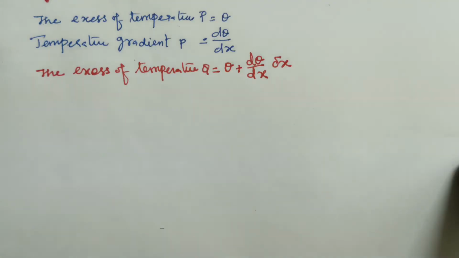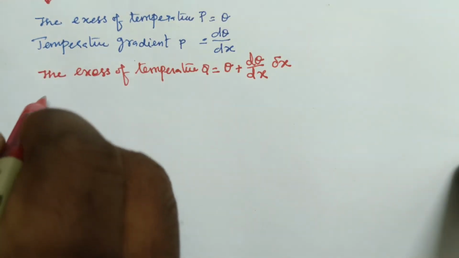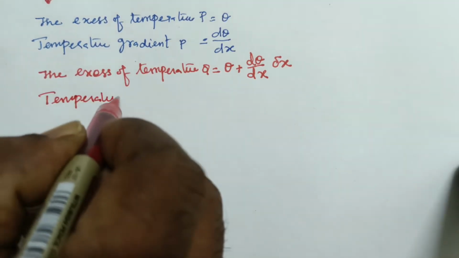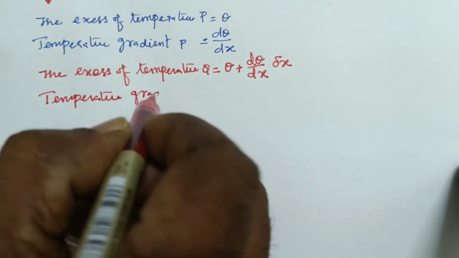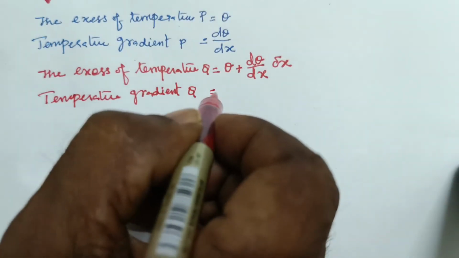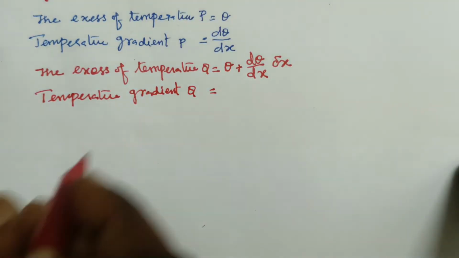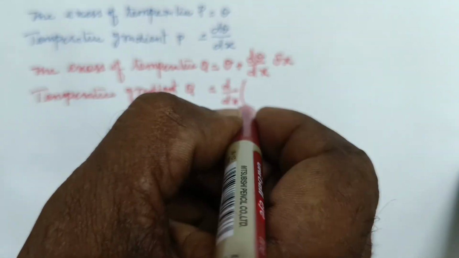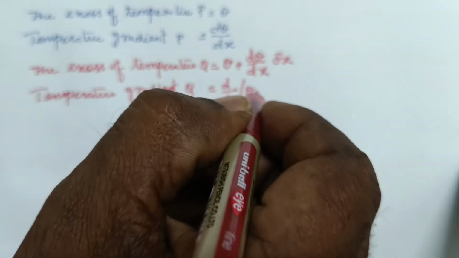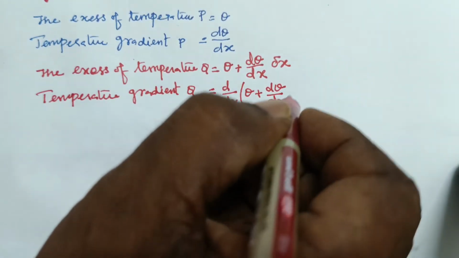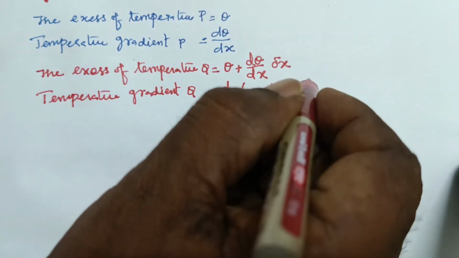The next one, the temperature gradient, இங்கே எவ்வளோ change in temperature இருக்கும்? Temperature gradient at Q, Q வில் temperature gradient எப்படி இருக்கும்? That is d by dx into theta plus d theta by dx into del x.